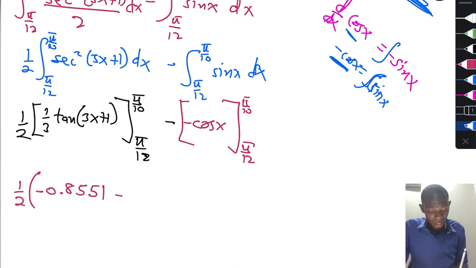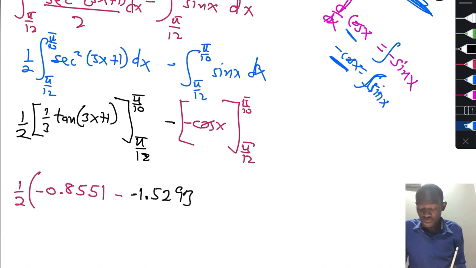Okay, and then I'm going to subtract 1/3 times tan 3 pi on 12. Okay, be really vigilant here, because sometimes you are doing the right thing. So that is actually a negative value. Quite interesting. Negative 1.5293. So like I was saying, sometimes we are doing the right thing, just that student being student, we make mistakes that we shouldn't make.